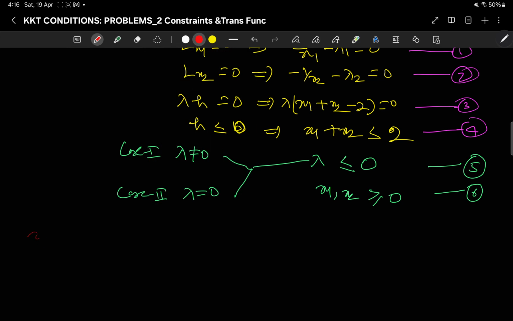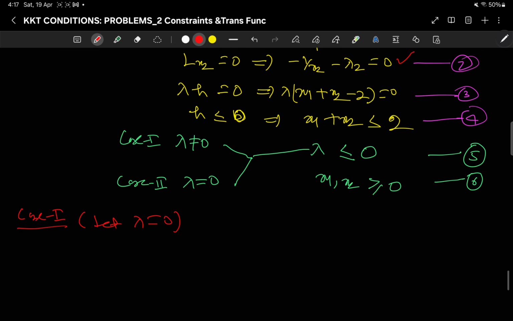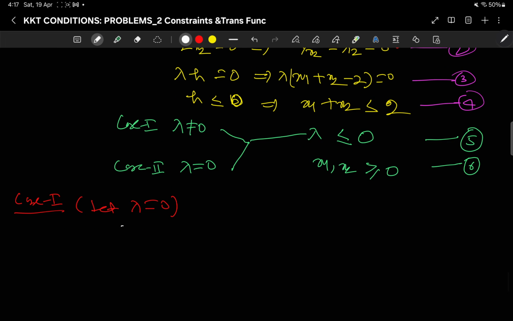Case 1. Let lambda be equal to 0. If lambda is equal to 0, then from equations 1 and 2, minus 1 by x1 is equal to 0 and 1 by x2 is equal to 0.